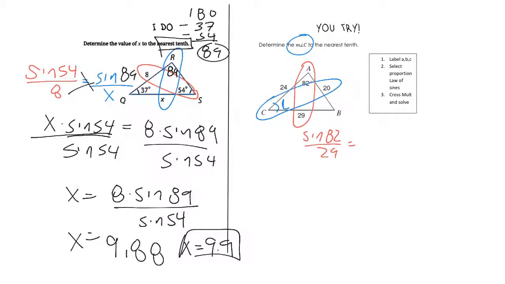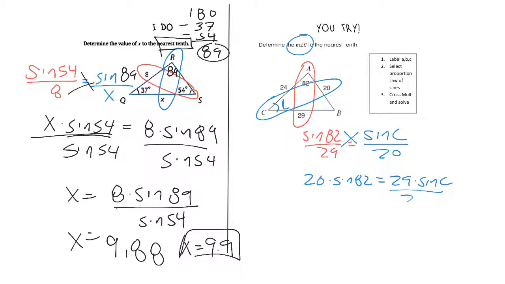So I'm going to choose sine C over 20. I'm not going to choose B and 24 because I'm not trying to find that one, and I can't figure out the angles because I only have one. So now I just got to cross multiply. So 20 times sine 82 equals 29 times sine C.